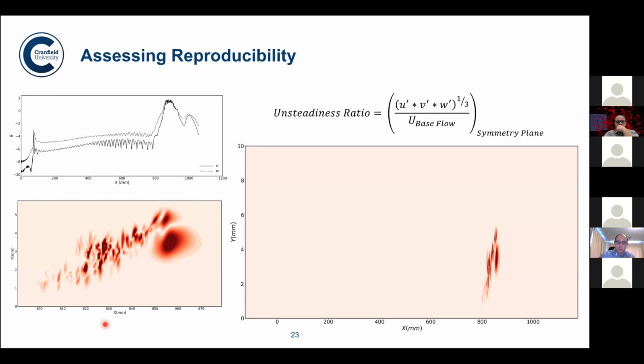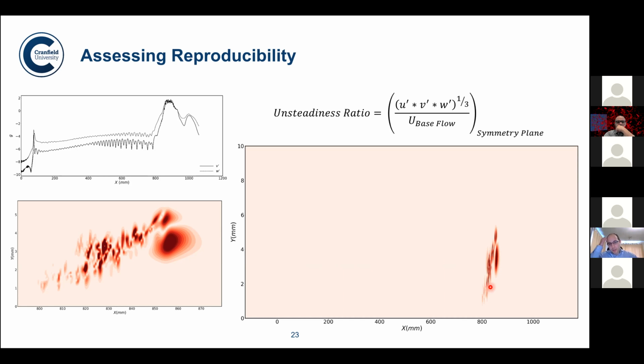So we track the symmetry breakdown, and then at the point of breakdown, try to look at the unsteady velocity ratio, the disturbance velocity ratio relative to the base flow, and try to see whether that can give us some sort of indication about the likely distribution of structures that will remain reproducible or predictable further downstream.